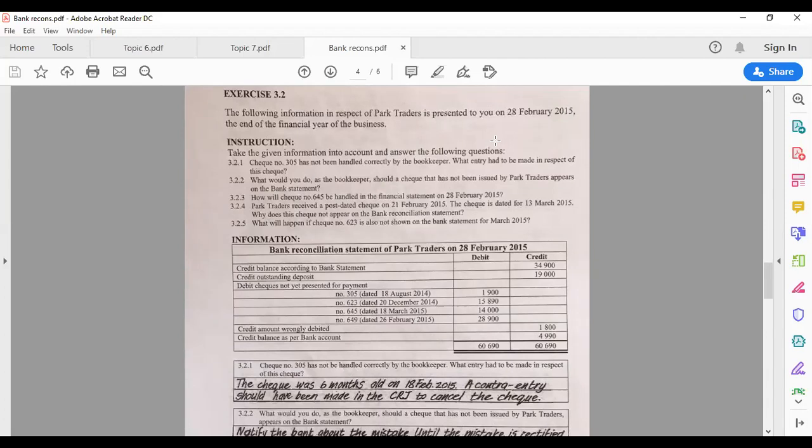Like I said in all my sessions, it's important to know exactly what date we are working with, and what year end. So we are working with 28 Feb 2015, which is the end of my financial year.